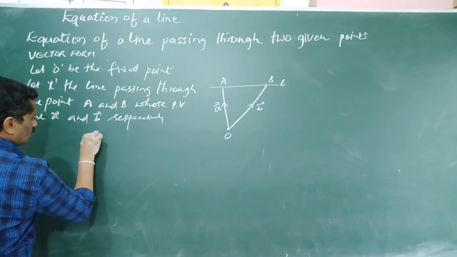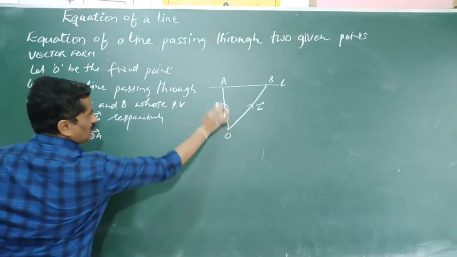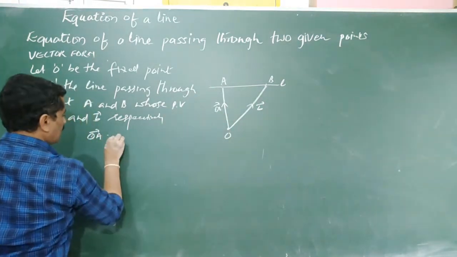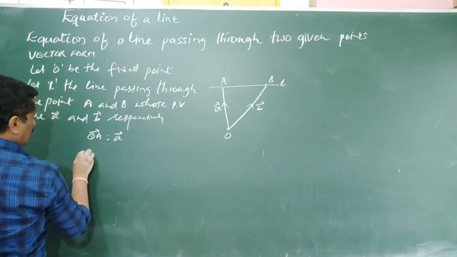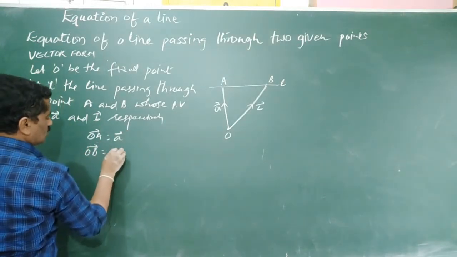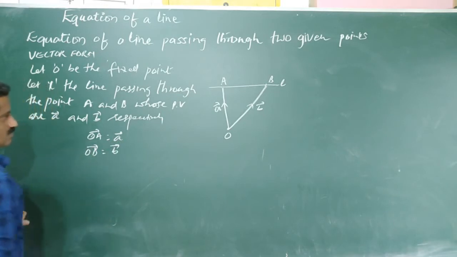Therefore OA bar is equal to a bar and OB bar is equal to b bar.